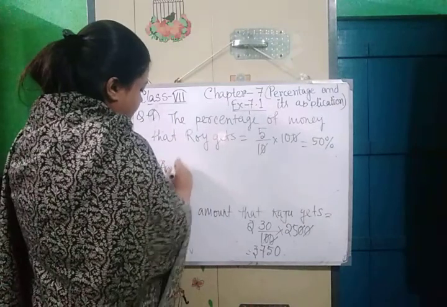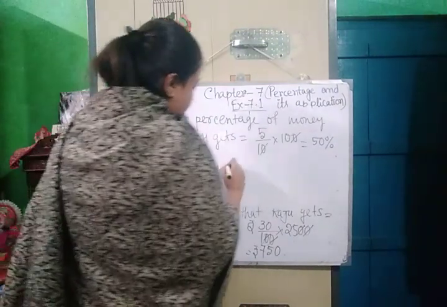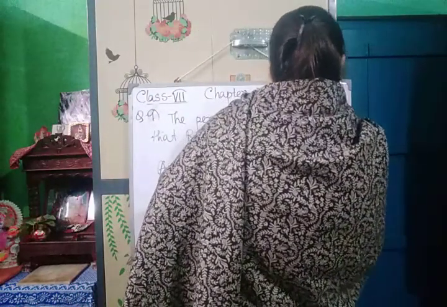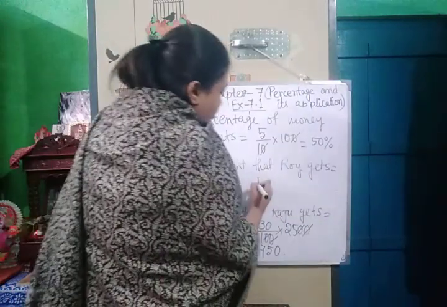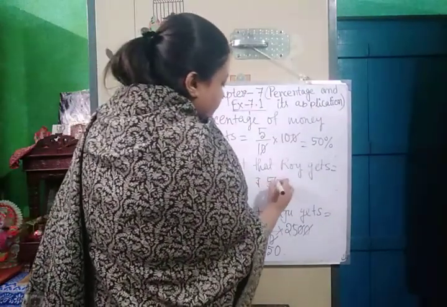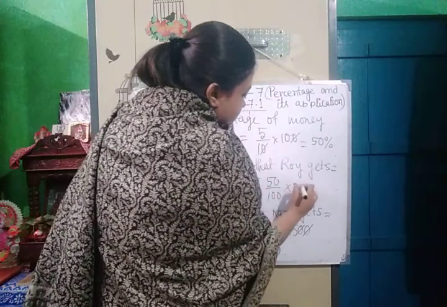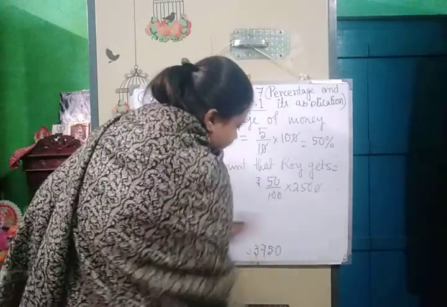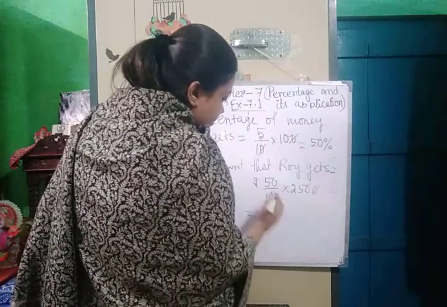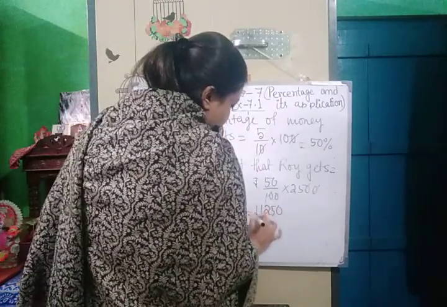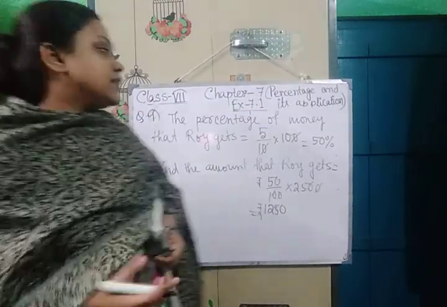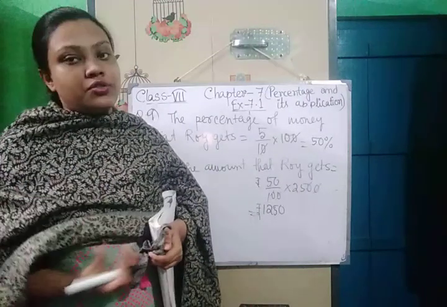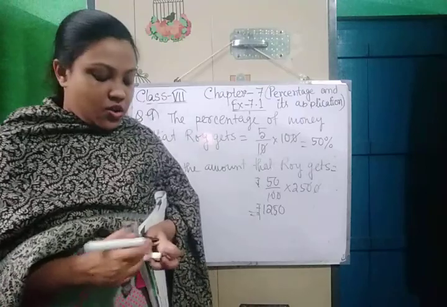The amount that Roy gets is equal to rupees, 50% means 50 by 100 of 2500. Do the cancellation. So it will be 1250 rupees. Okay. So the percentage of money that Roy gets is 50% and the amount of money is rupees 1250. Okay. So I hope this is clear.